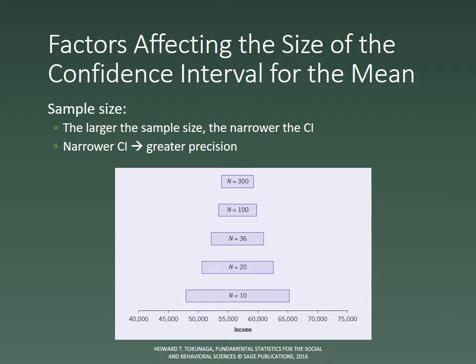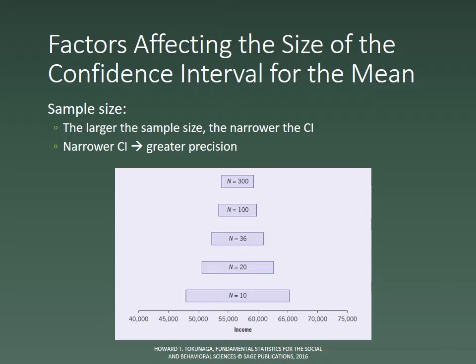Some factors that affect the size of the confidence interval of the mean is sample size. The larger our sample size, the more narrow the confidence interval. A more narrow confidence interval indicates greater precision. So if we have a sample size of 10, our 95% confidence in estimating the range of a population that has 1,000 people in it is not going to be very short.